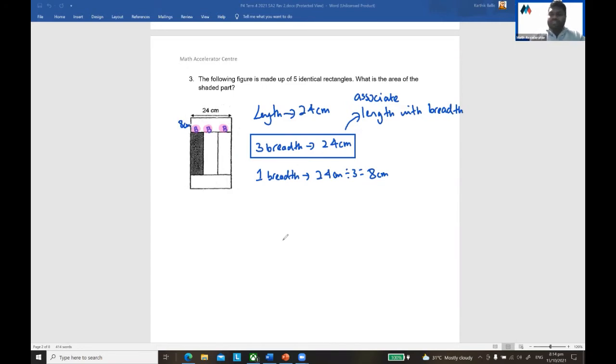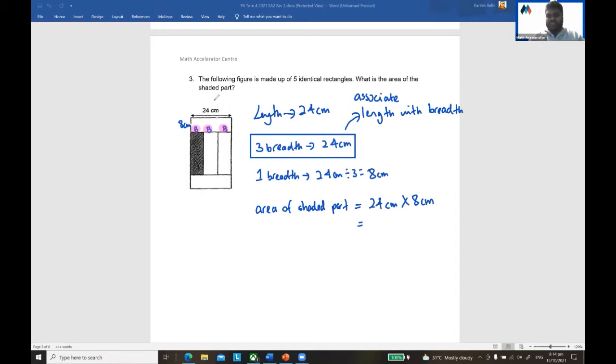So what is the area of the shaded part? The area of the shaded part is basically the area of one of the rectangles, right? So write down area of shaded part equals to just the area of one rectangle, which is 24 cm times 8 cm.